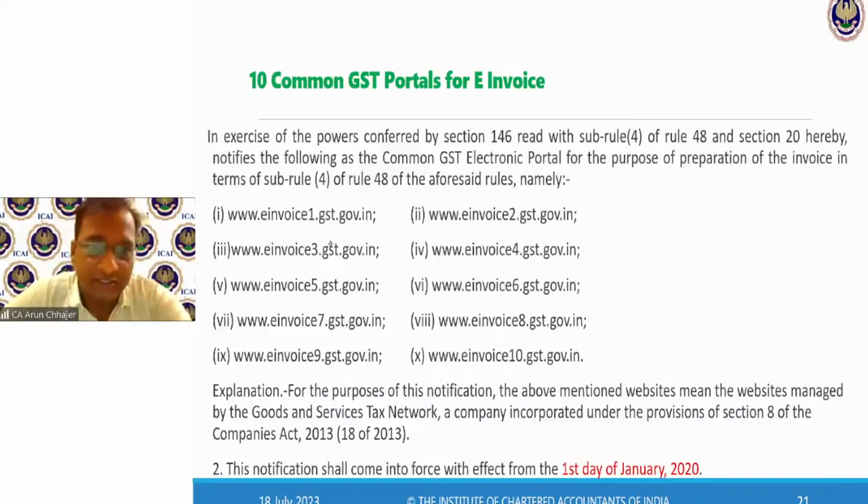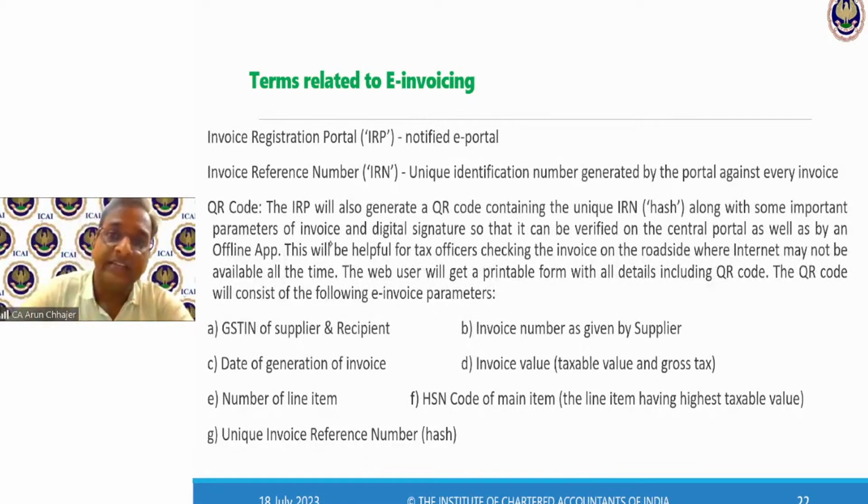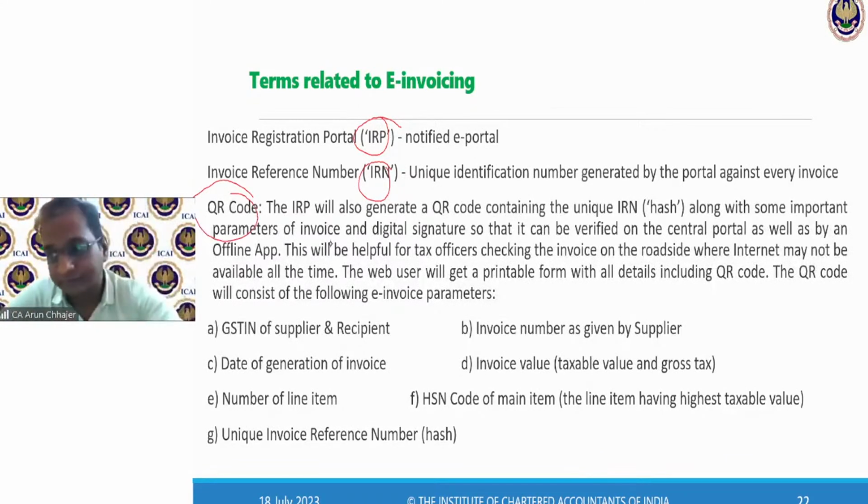Now, we were talking about the 10 common GST portals. So e-invoice 1, 2, 3, 4, 5. These are the total e-invoice portals. The three terms which we have used: IRP, Invoice Registration Portal; IRN, Invoice Reference Number; and QR code. What is the QR code?